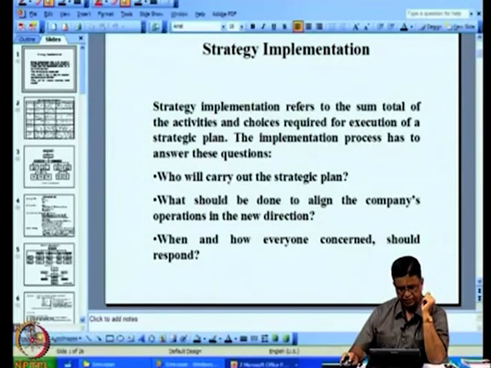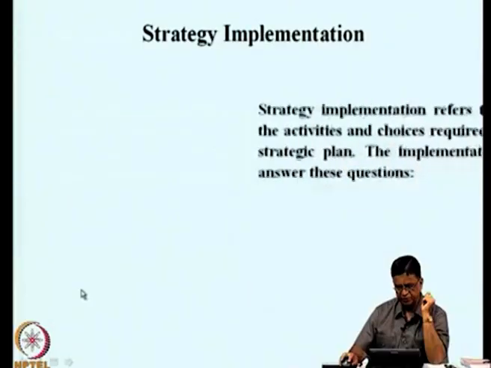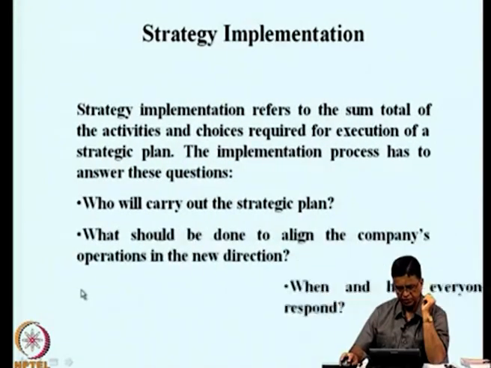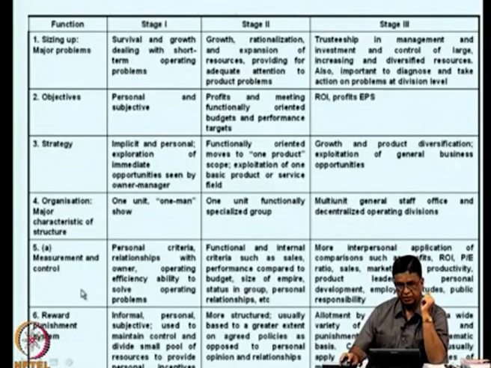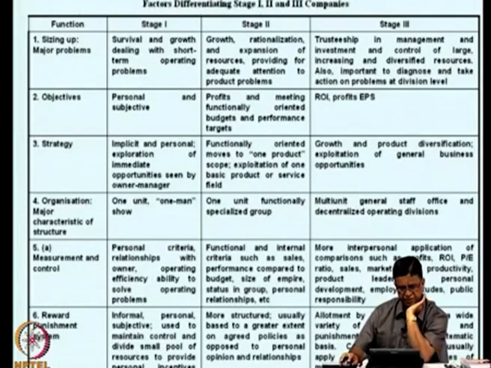So, then we also came to different types of organizations, stage 1, stage 2, stage 3 with respect to companies. What are the factors differentiating stage 1, stage 2 and stage 3?